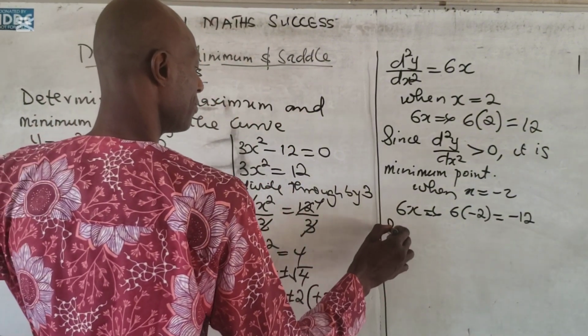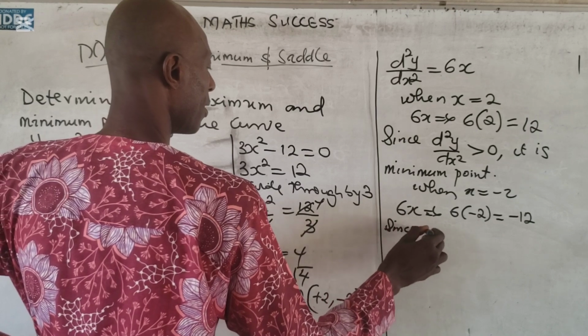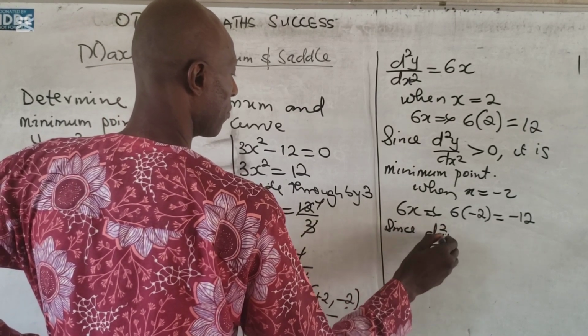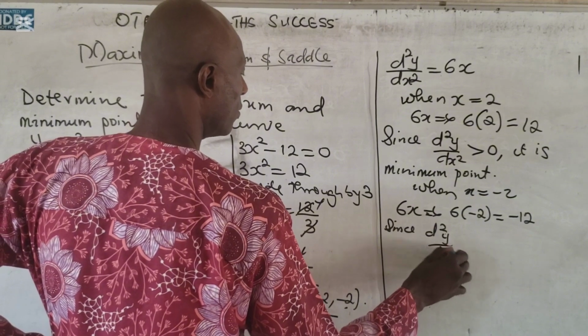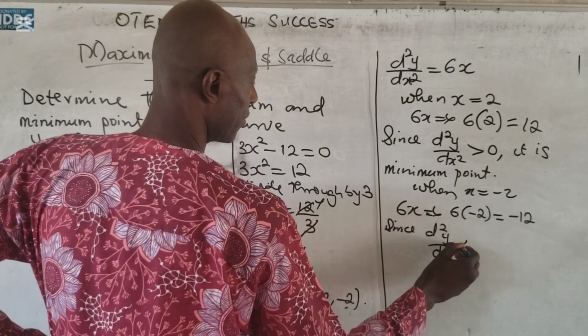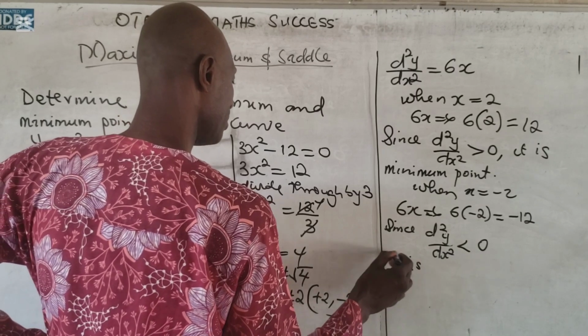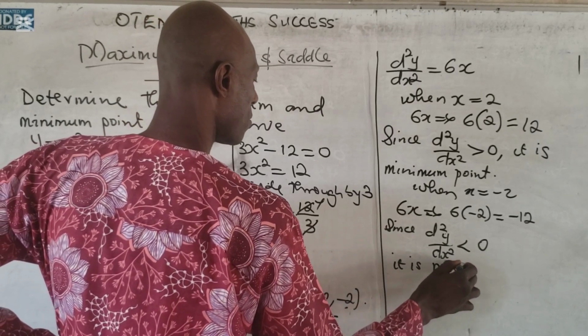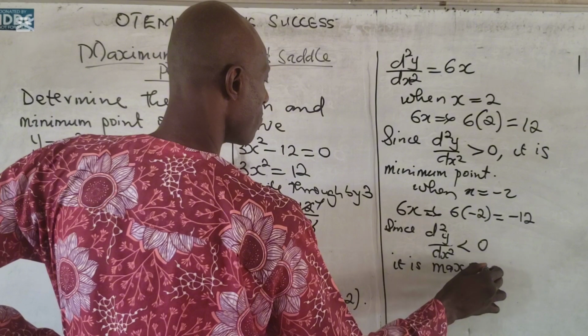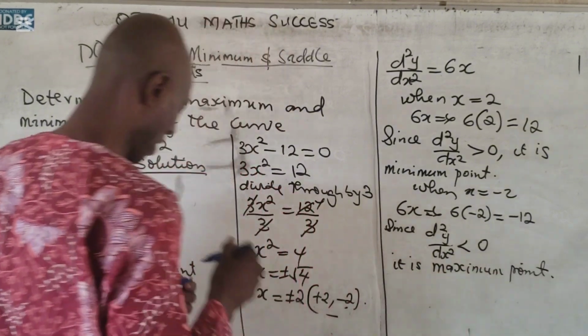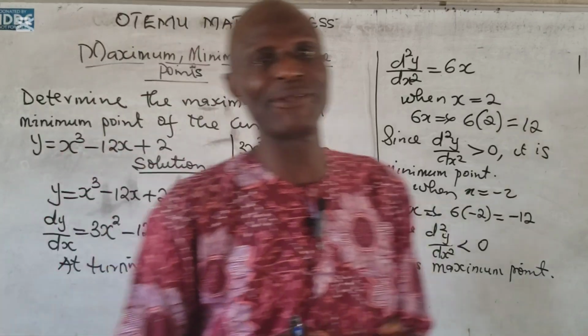Now, since the second derivative is less than 0, it is a maximum point.